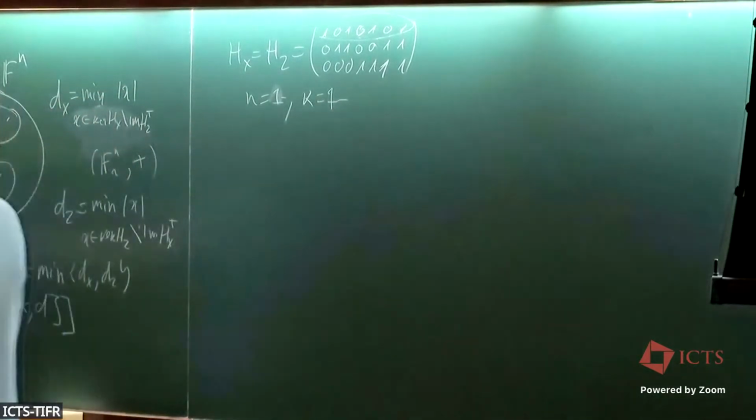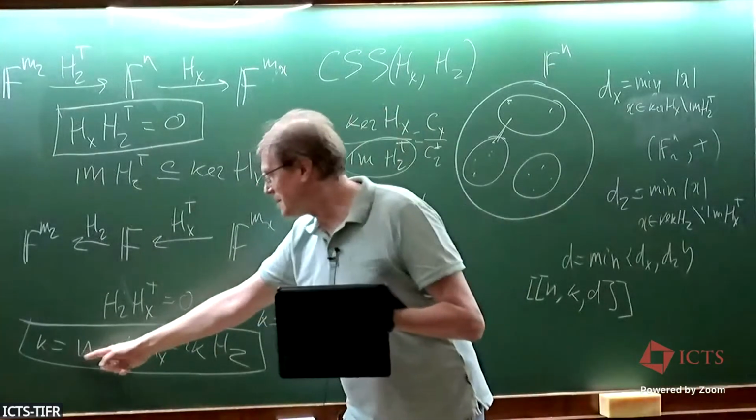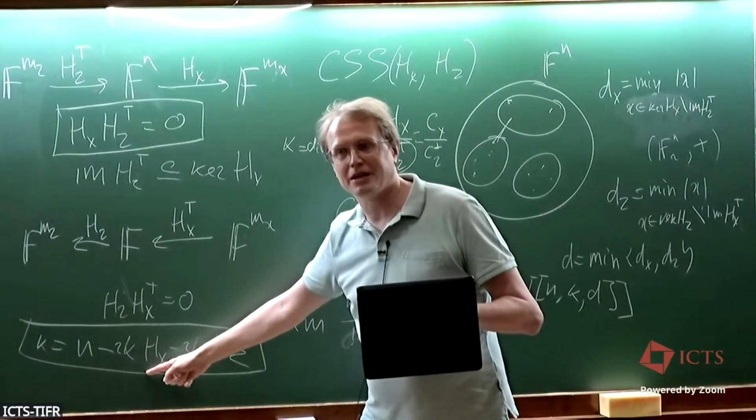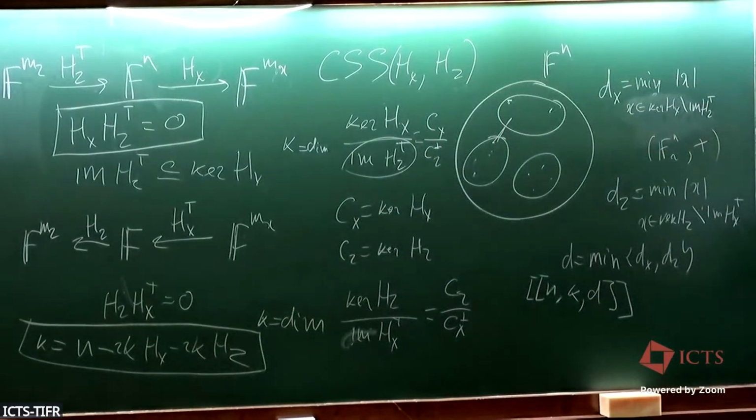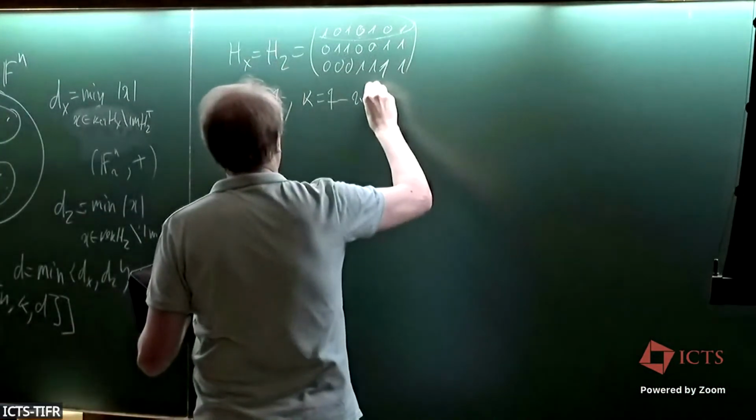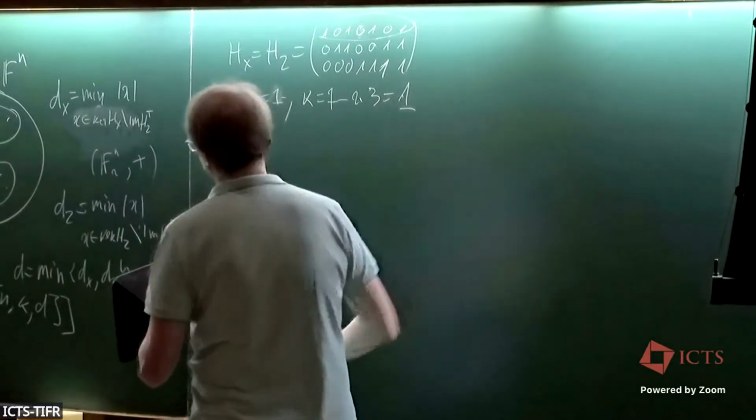So another way to put the dimension is n minus the number of linearly independent X checks and linearly independent Z checks. So we have 7 minus 2 times 3, and this is equal to 1.